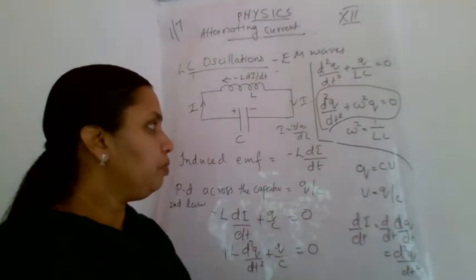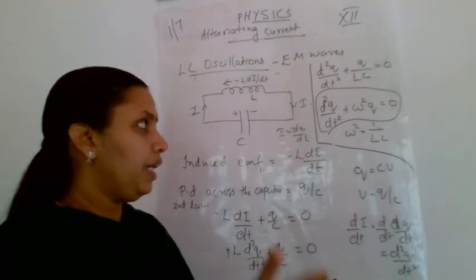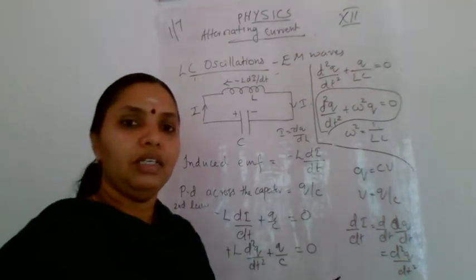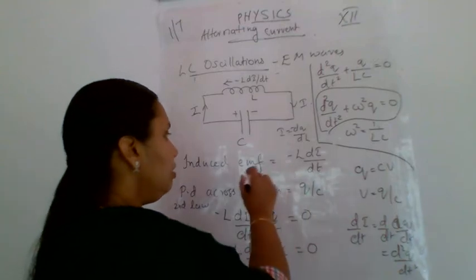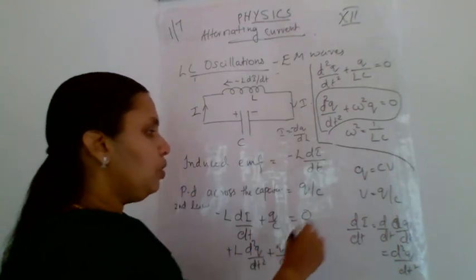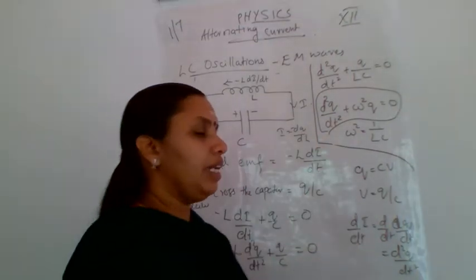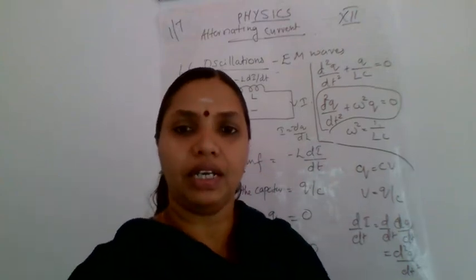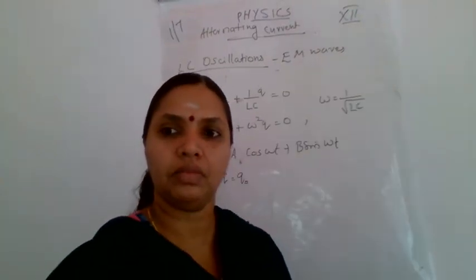Okay, then we have to prove this, how the variation comes. Just applying Kirchhoff's law and modifying, we are getting the second order linear equation.